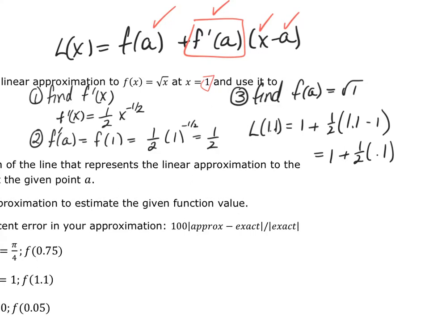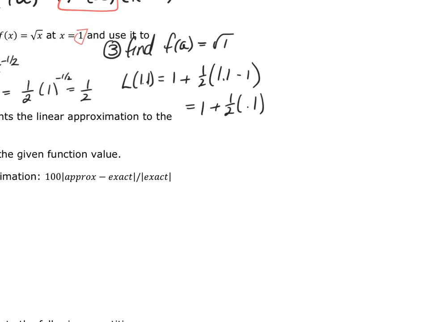Now remember, this was used back in the day without calculators. So what you would have to calculate then is 0.5, which is 1/2, multiplied by 0.1. What is 0.5 multiplied by 0.1? 0.05, right? So this is equal to 1 plus 0.05, which is equal to 1.05. That's an approximation.